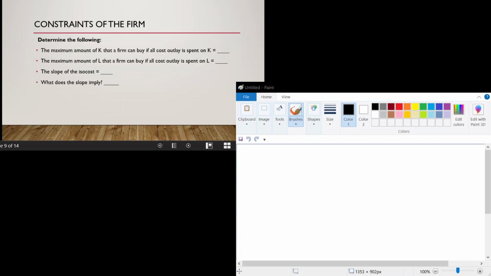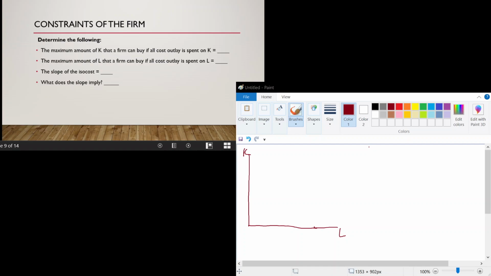Before we answer this, i-graph ko lang yung itsura ni isocost line natin. Okay, so again we have here K and L. Okay, so may example na ba tayo dito?